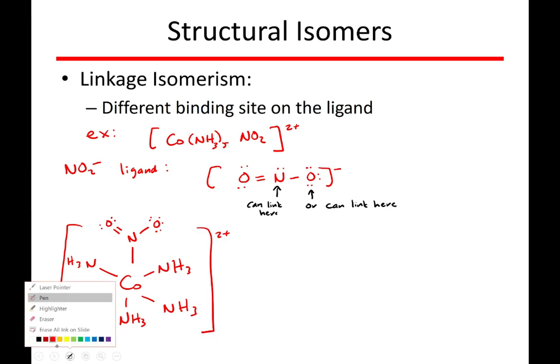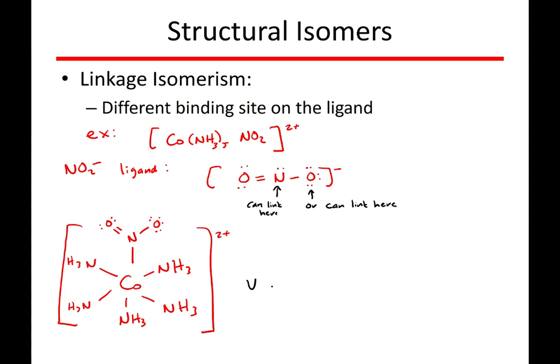That is one possibility. And that's going to be compared to our second possibility where instead we link to the oxygen. So we'll draw that out and see the difference between them. We've still got cobalt in the middle and 5 NH3s going around it.